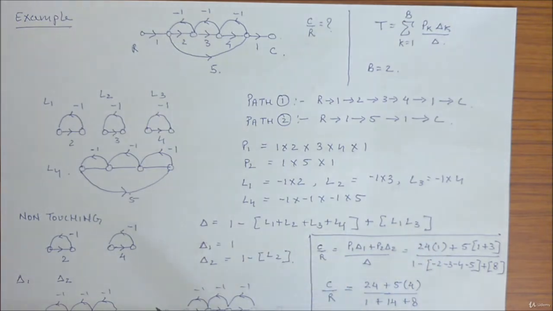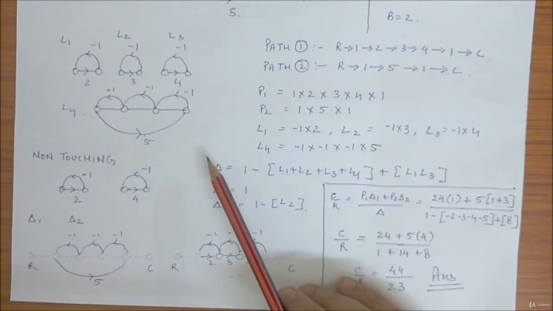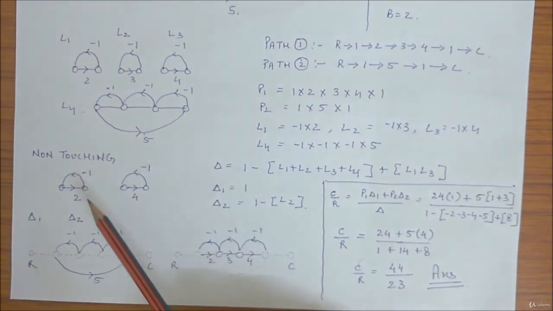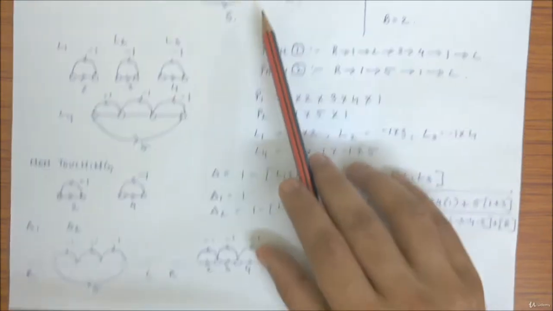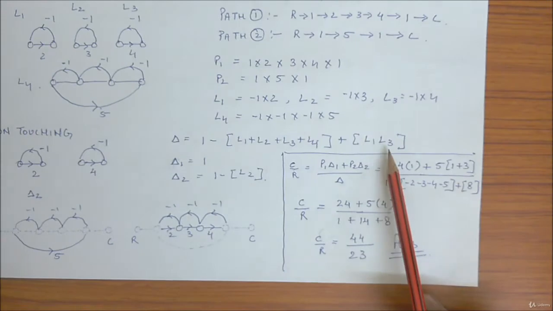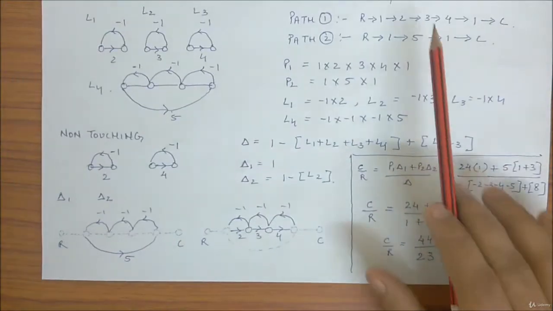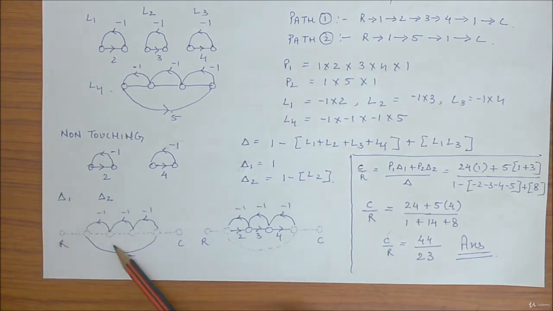Now we will see delta k. If you see here carefully, non-touching part, we had these two for non-touching here. So we already wrote here L1 L3. My delta 1 and delta 2: delta 1 is corresponding to this graph, delta 2 is corresponding to this graph.